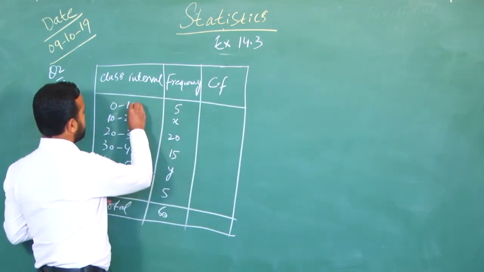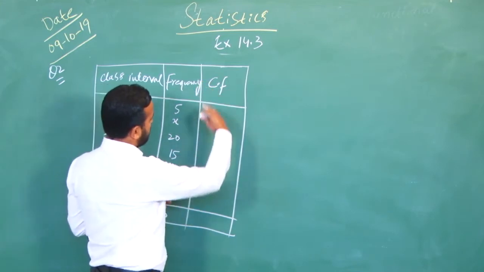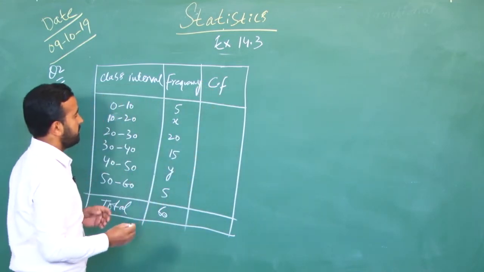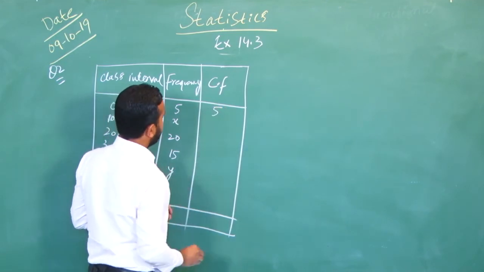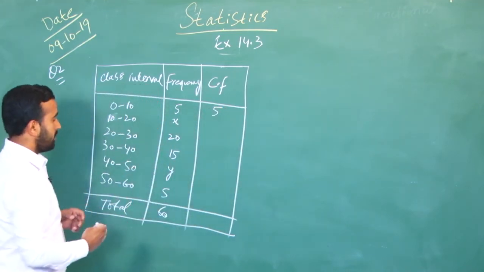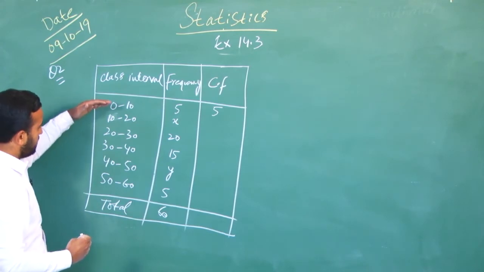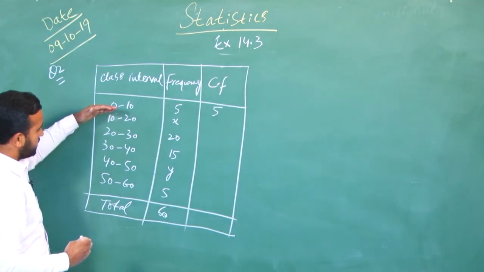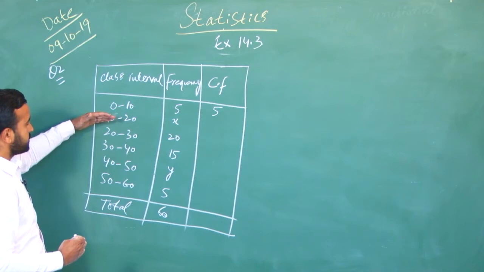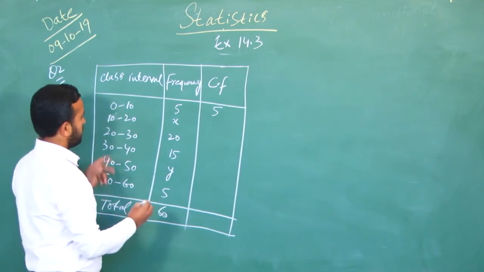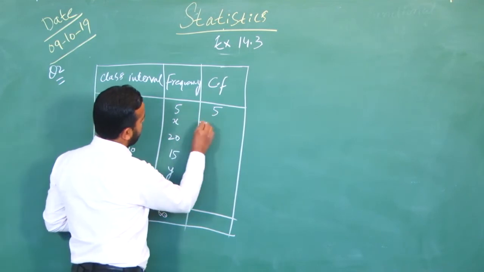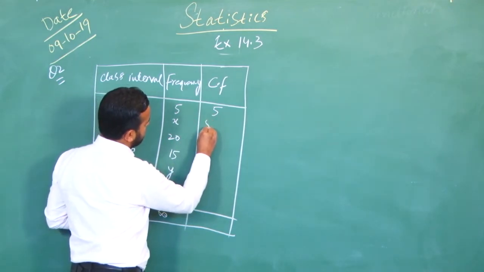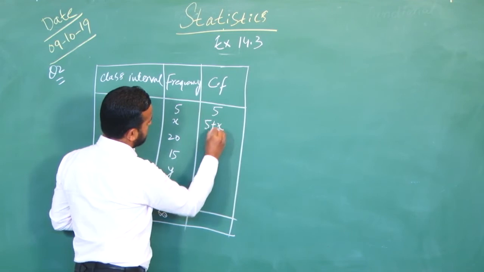As we did in the previous question, now we know how to calculate the cumulative frequency column. We write the first frequency, 5, then go on adding, at each step, the corresponding frequencies of the next classes. 5 is added with x, giving 5 plus x.